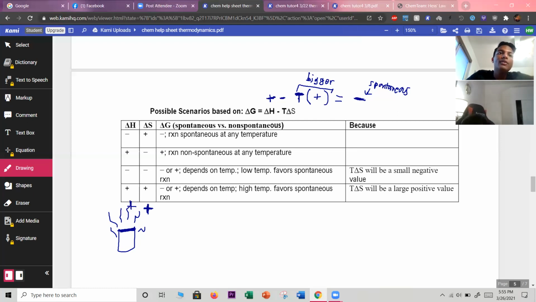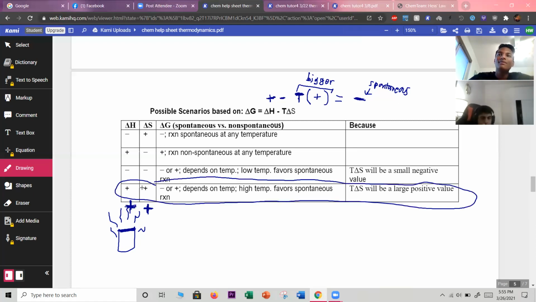So now, since you found out that these are both positive, just look at this row and copy it. Positive, positive, match it up to this, and then copy it down. Positive delta H and positive delta S depends on high temperature. So delta G will be negative at high temperature. Do you see how it says high temperature favors spontaneous?